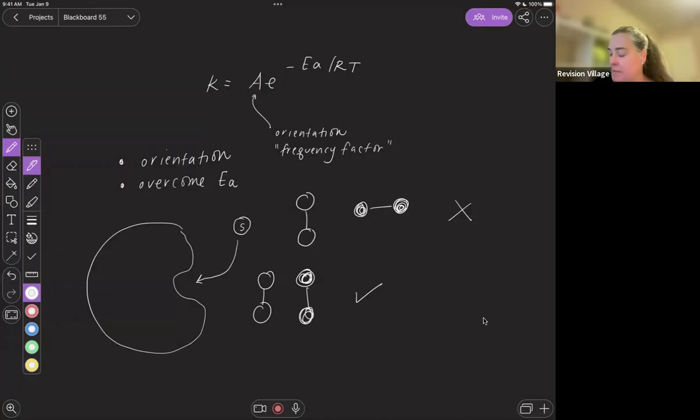So that's what A is. It just tells you how likely it is that these two molecules are going to come together and have the right orientation. And there are some things I can do to make that better. I could stir my reaction, I could grind my stuff, I could do the reaction in the gas phase instead of in the liquid phase.